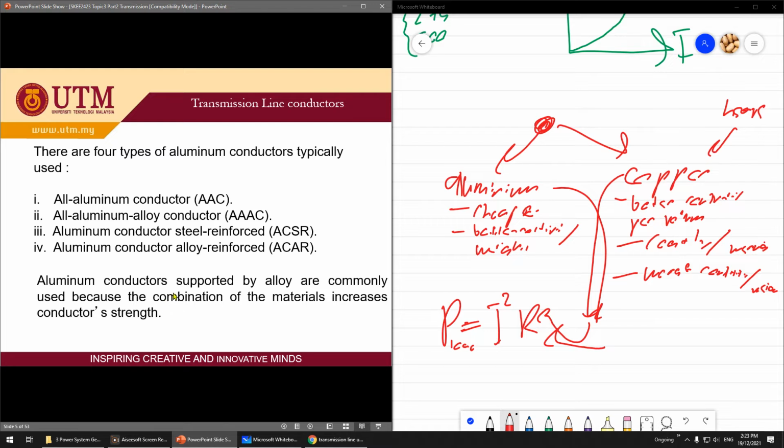Aluminium conductors supported by alloy are more common because the combination of materials increases the conductor strength. Alloy is basically a combination of metals, and it is much more commonly used in transmission lines. So make sure you know what AAC, AAAC, ACSR and ACAR are.